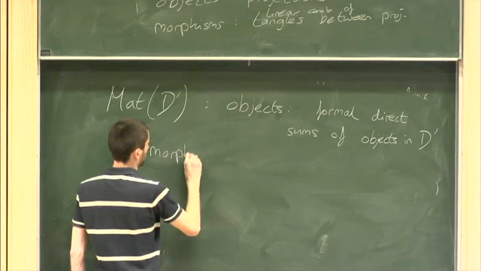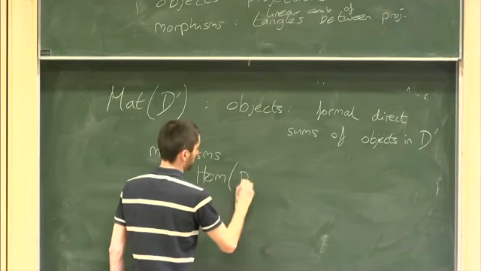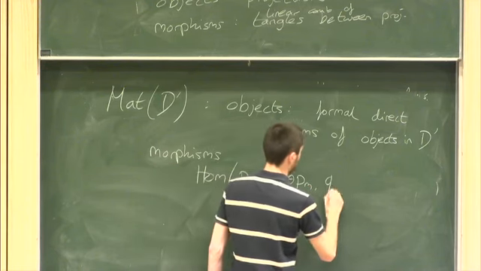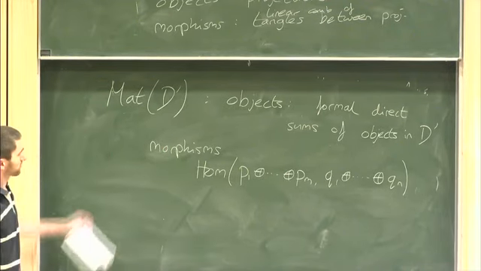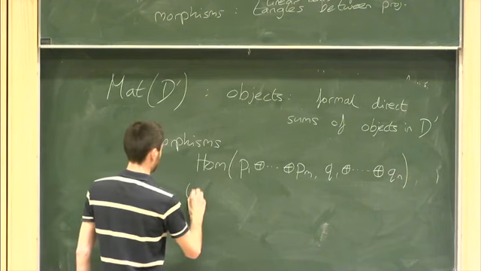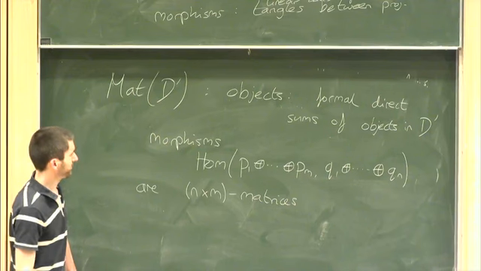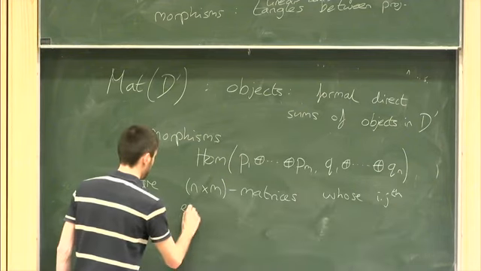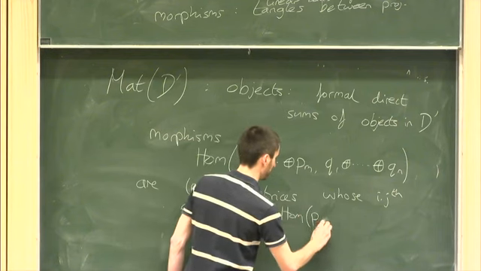Morphisms, so the space of morphisms between the direct sum of projections P1 to Pn and the direct sum of projections Q1 to Qn are n by m matrices whose ijth entry is the morphism between Bi.